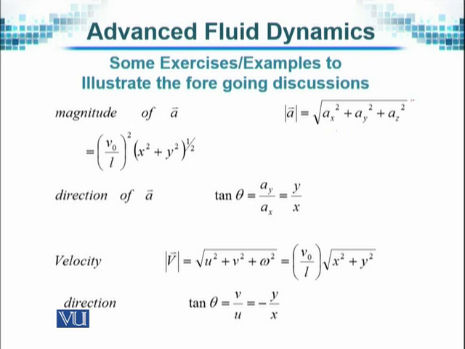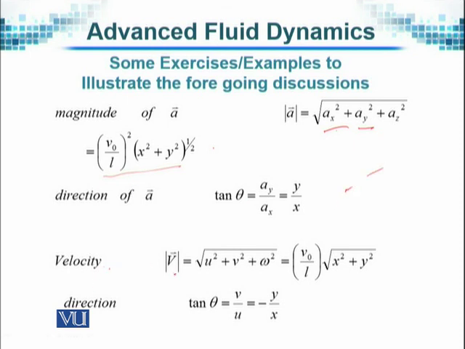Az is 0, so the only non-zero terms will be from ax and ay. When we substitute those values, the magnitude of A reduces to this quantity. The direction of A is given by tangent of theta, which is ay over ax, and the quantity reduces to y over x.